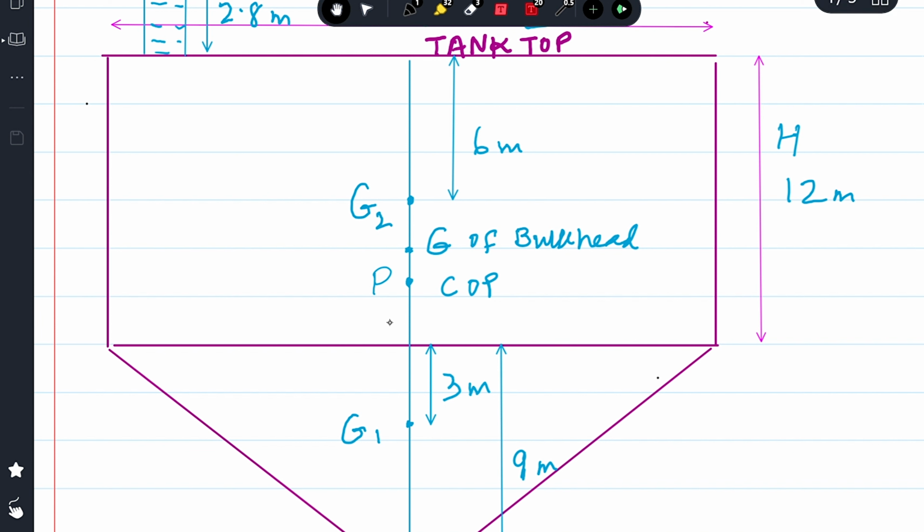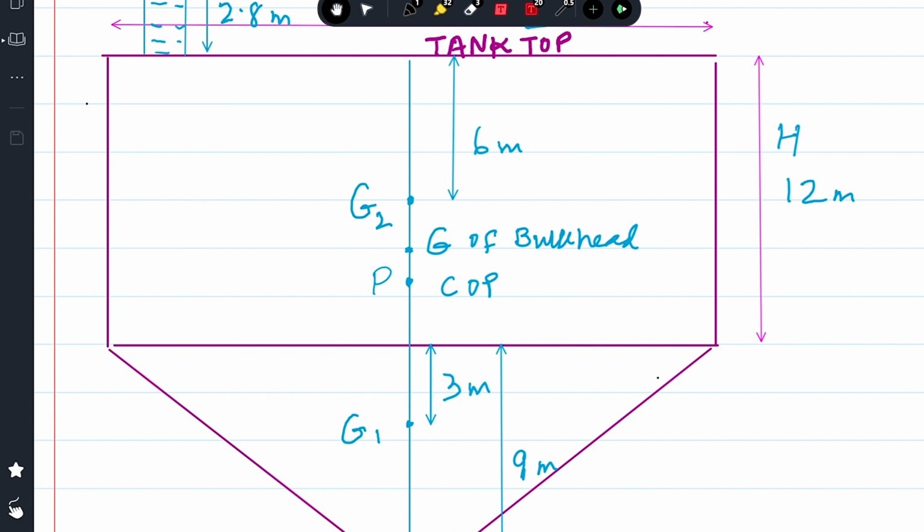Then we find the moment of inertia of the triangular portion about water surface. We will add them up, and that will give us the moment of inertia of the entire bulkhead about water surface.